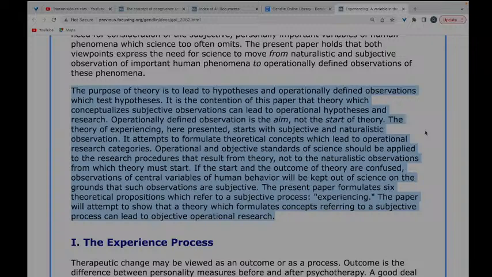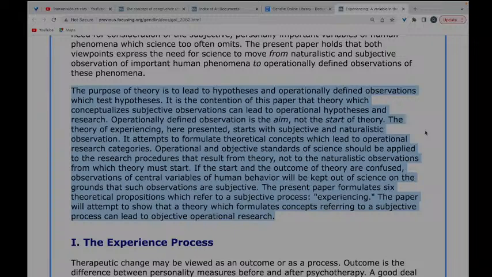It attempts then to formulate theoretical concepts which lead to operational research categories. Right? Theoretical concepts such as experiencing, process, flow, these kinds of things. I don't know.